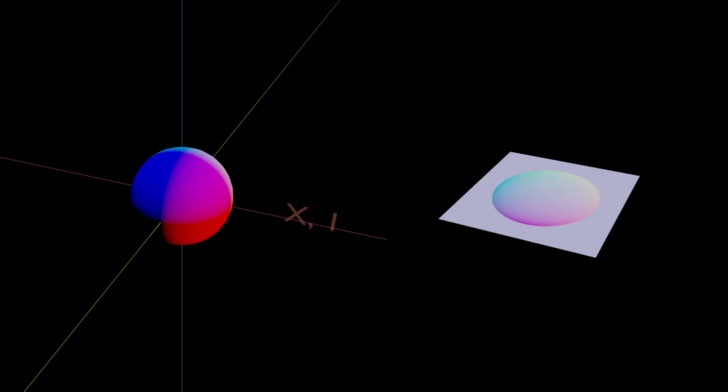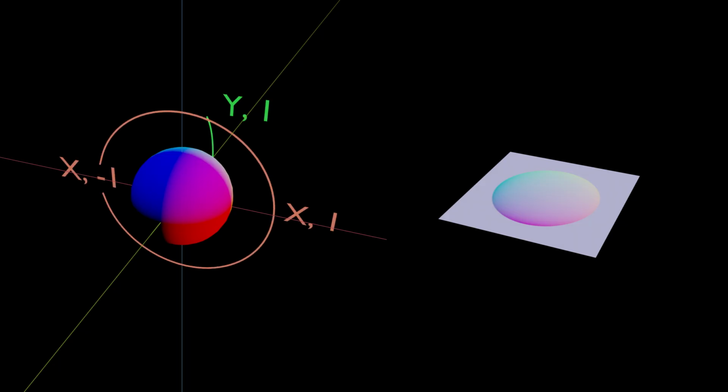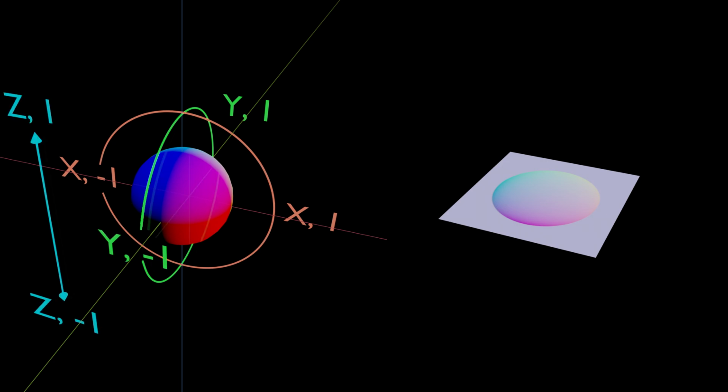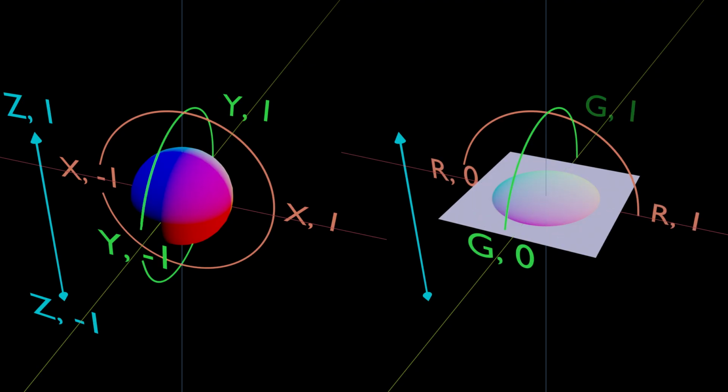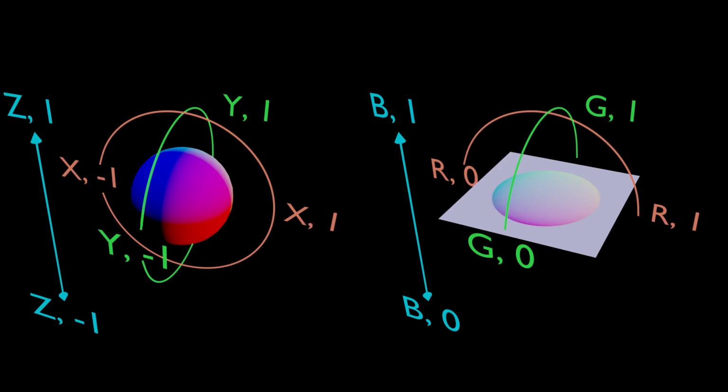We want to store all the orientation information from -1 to 1 on each axis. But the image can only store RGB values between 0 and 1. Therefore, the normal values of our sphere need to be compressed into RGB values. And it works like this.